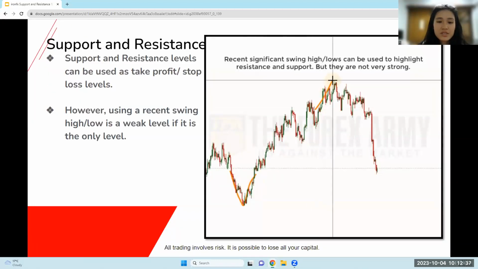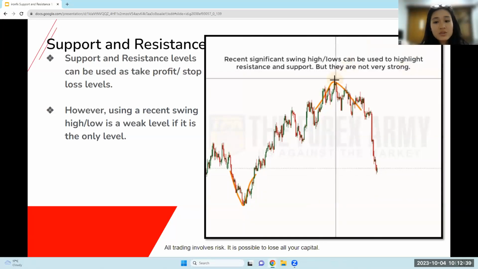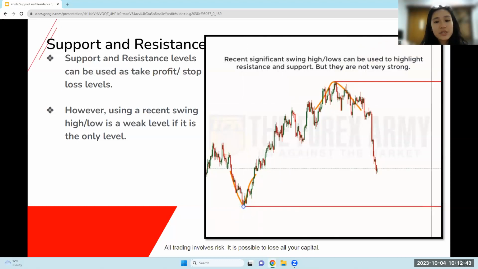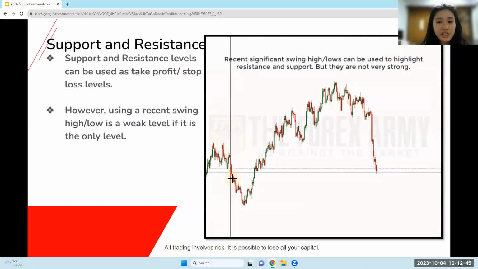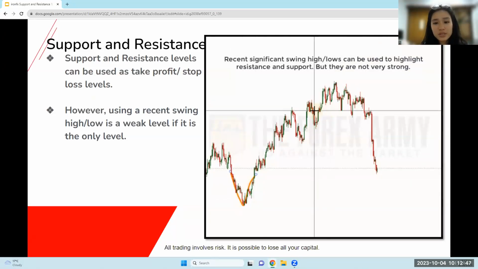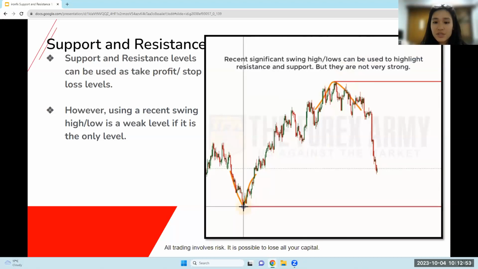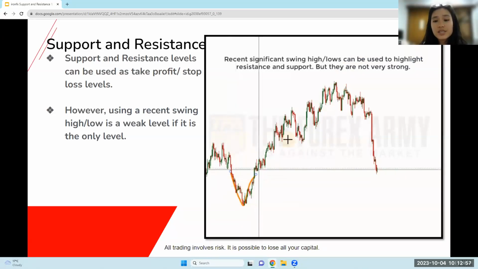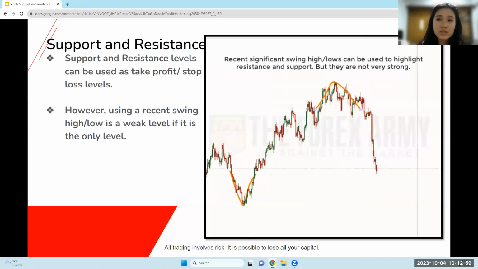So support and resistance, you can use these levels as take profit and stop loss levels. But you should not use it as an entry if there are no other supporting arguments, such as Fibonacci or other graphical levels to support your analysis. Using a recent swing high or a recent swing low is typically considered a weak level if it's just that level alone.